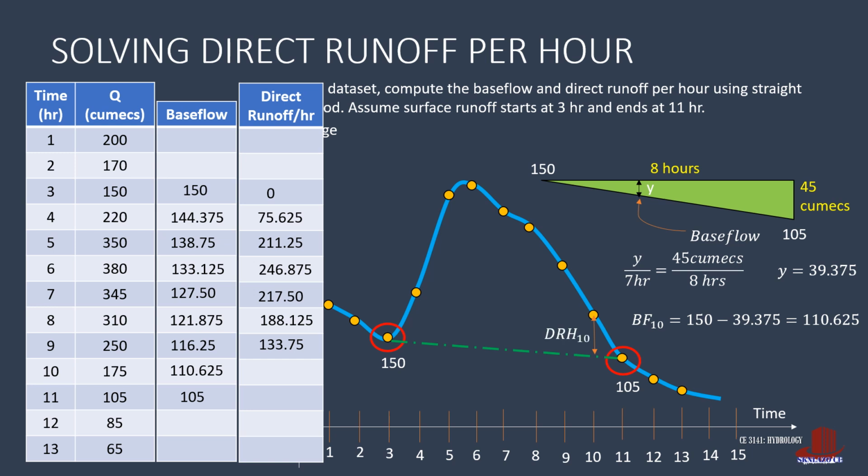On the 10th hour, the direct runoff per hour is 175 minus 110.625, which is 64.375 cumex. Then lastly, at the 11th hour, all of the discharge is treated as base flow, which means there is zero DRH.